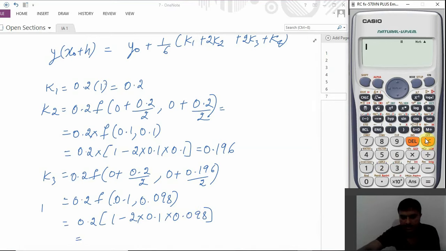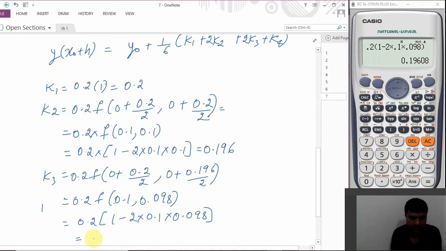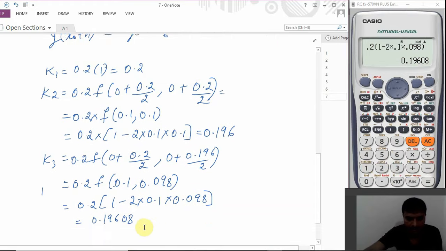Okay, just put it in the calculator. This is again 0.2 bracket 1 minus 2 into 0.2 into 0.196 equal to, yes, k4 is equal to 0.18432.